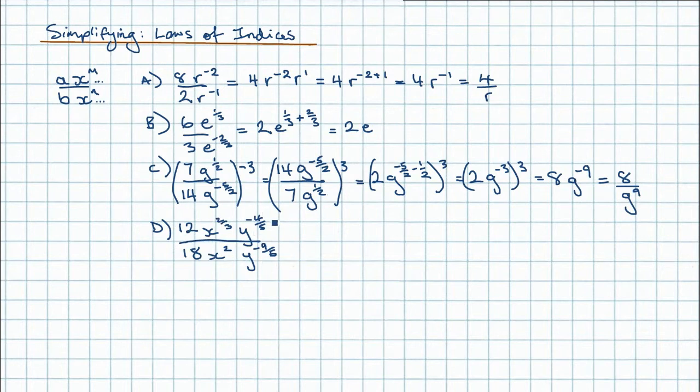Well, we've got no index controlling the whole overall thing, so it's really all to do with what's going on inside here. So we can say now 12 divided by 18. Well, 3 goes into 12 and 3 goes into 18, in fact 6 goes into 12 and 6 goes into 18.